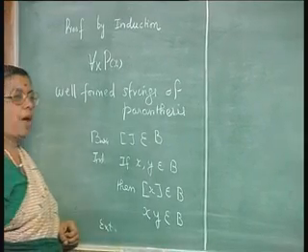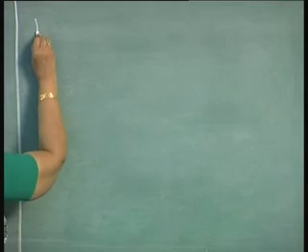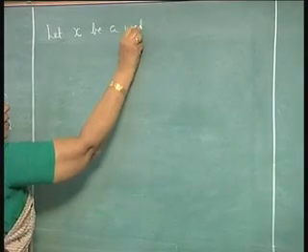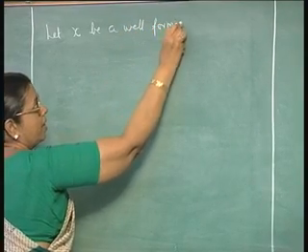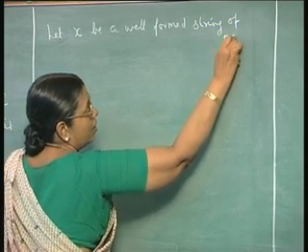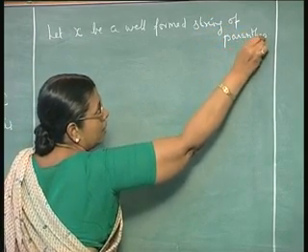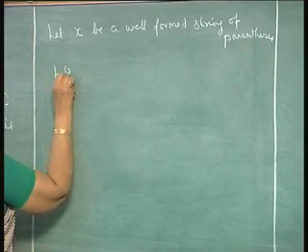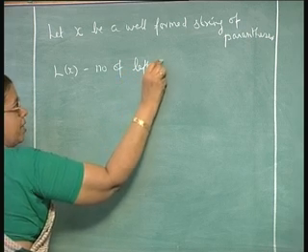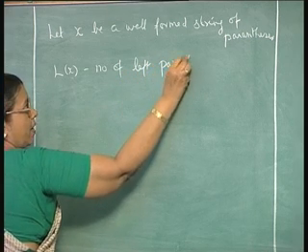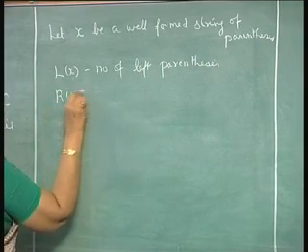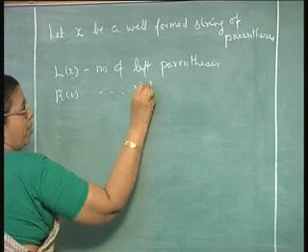Now we want to prove some property of this class. Let x be a well formed string of parentheses. L(x) denotes the number of left parentheses, and R(x) denotes the number of right parentheses.